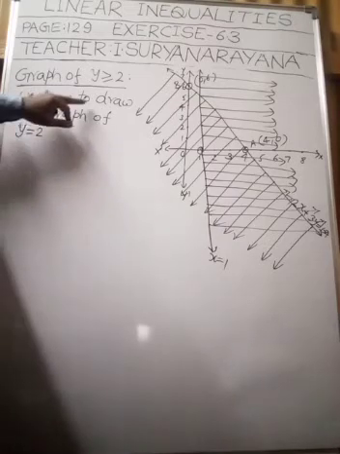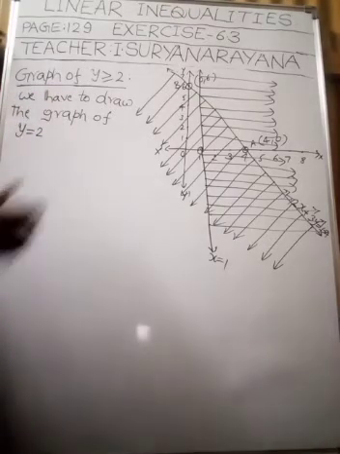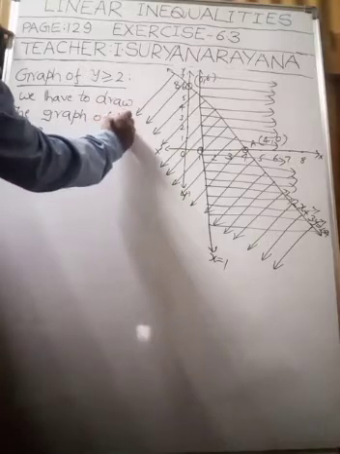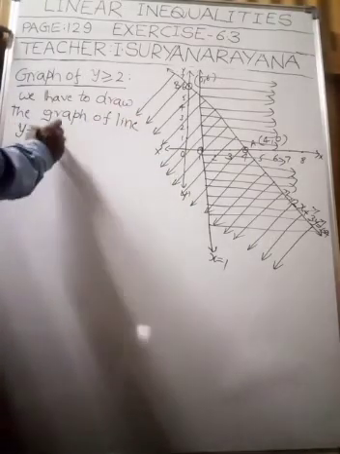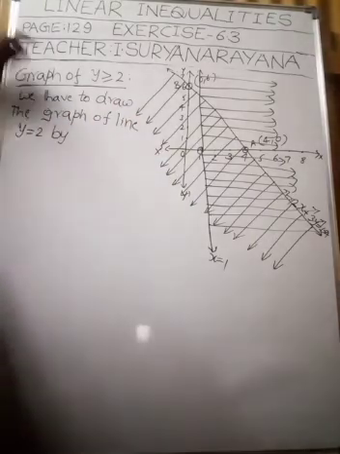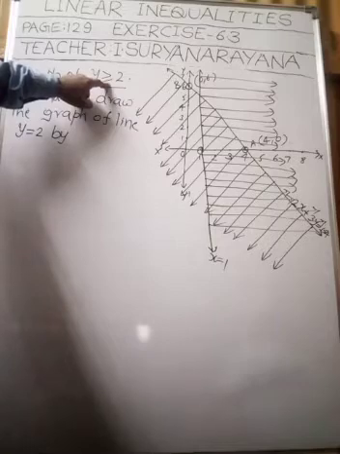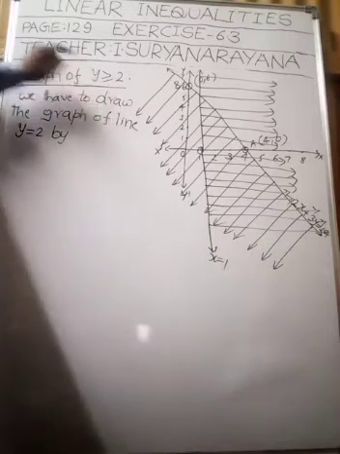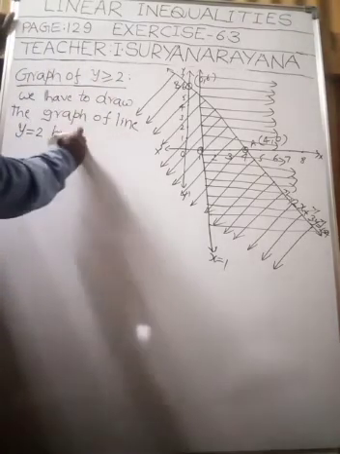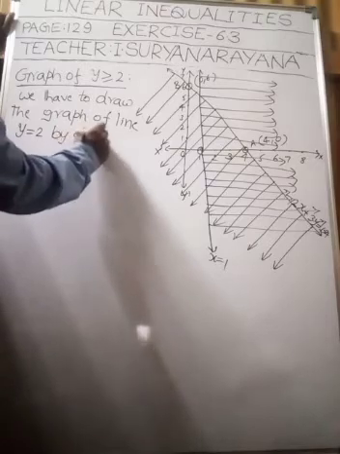So we have to draw the graph of the line y is equal to 2 by dotted line or dark line. Yes, dark line, because greater than or equal to, or thick line, by dark line.